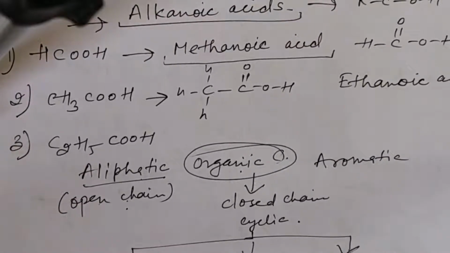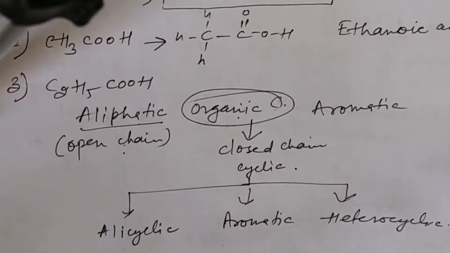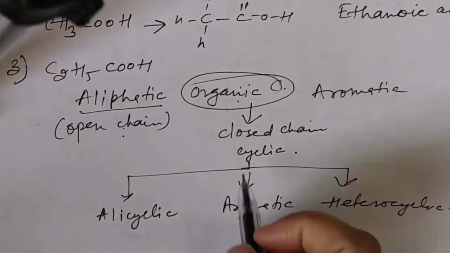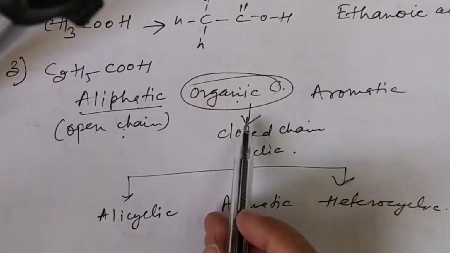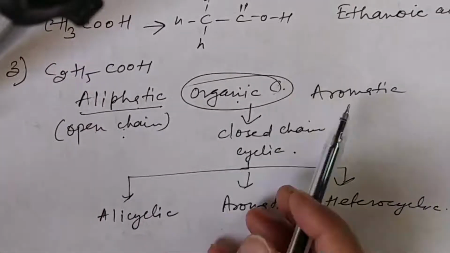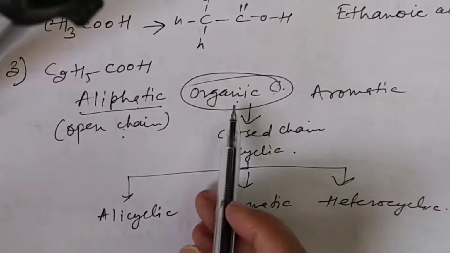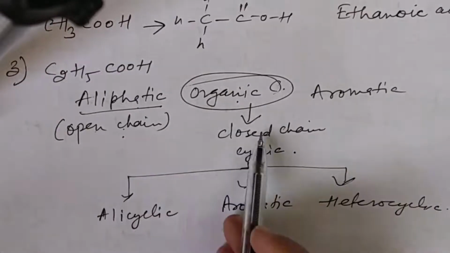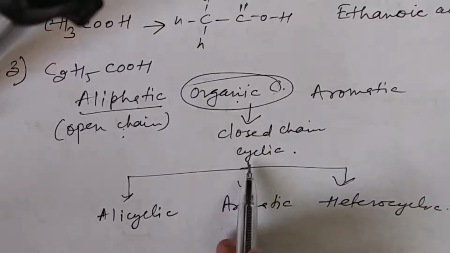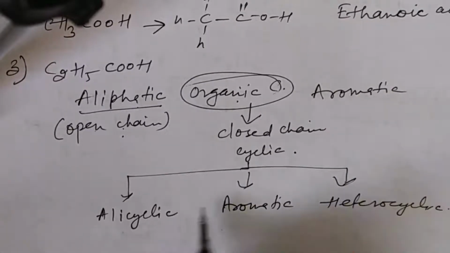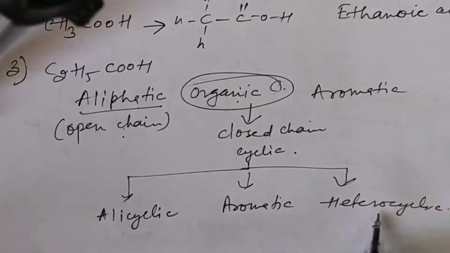Okay, in organic compound classification, organic compounds can be divided into aliphatic and aromatic. They can also be divided into open chain and closed chain. Closed chain cyclic compounds can be further divided into alicyclic, aromatic and heterocyclic compounds.